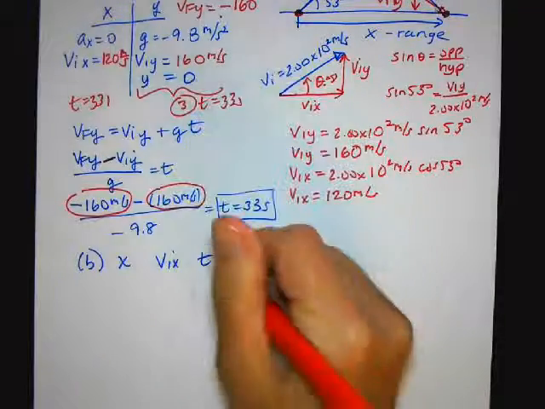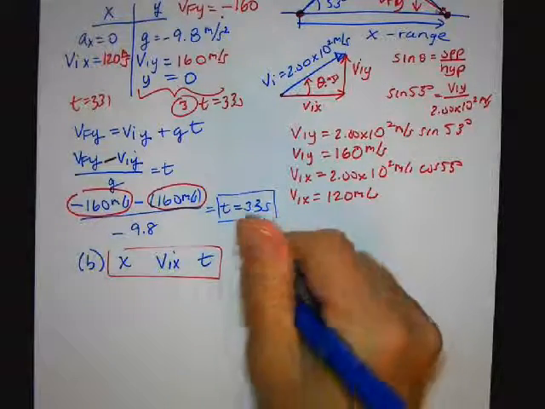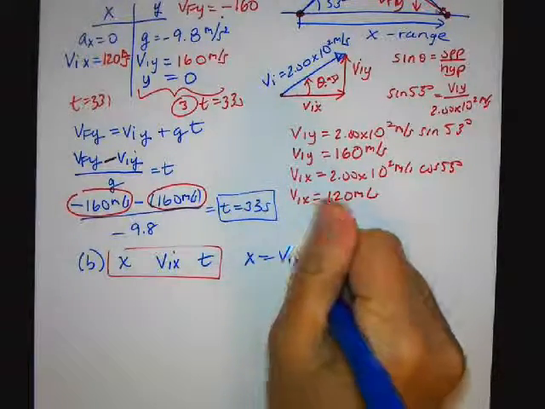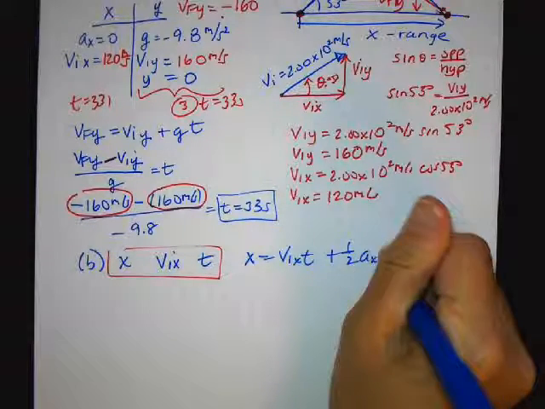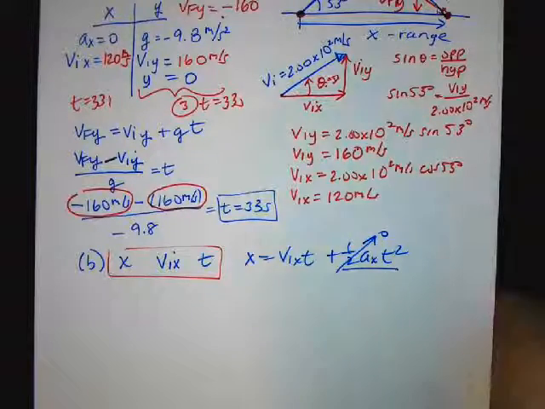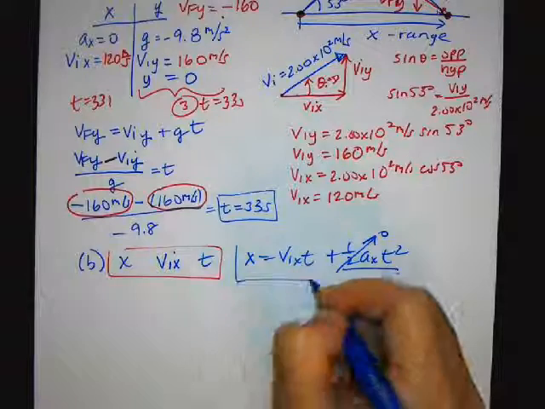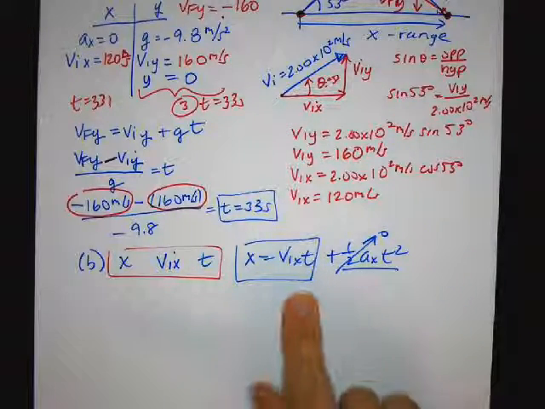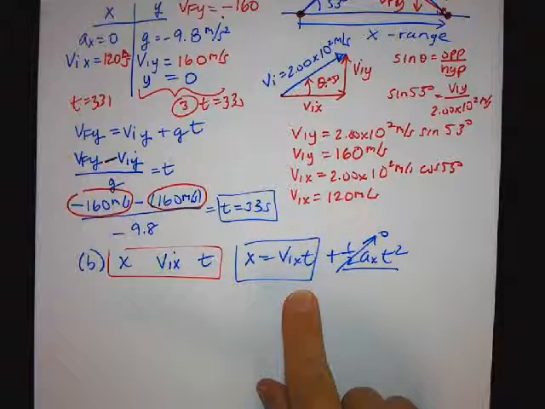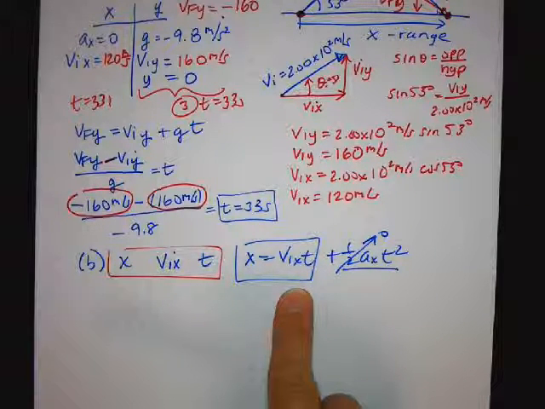So the original equation is x is equal to VIXT plus 1/2 AXT squared, but AX is 0. When I'm doing projectiles, I don't want to write down the whole equation because I know AX is 0. This is my equation. I just don't think it's correct because people get confused to memorize a brand new equation to find the horizontal displacement for projectile motion, because it's the same as the equations we did before.